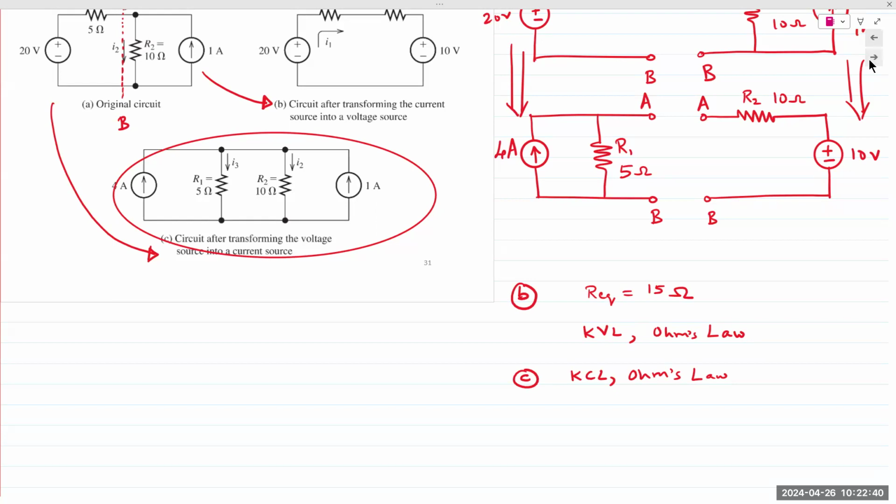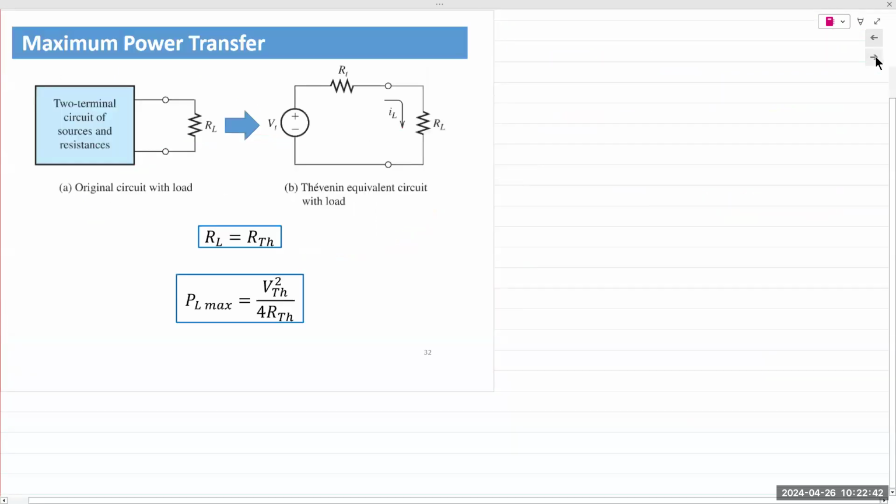Okay, then let's look at the last topic, which is the maximum power transfer theorem. Electronic circuits, electronic devices often have multiple cascading circuits connected one after the other.